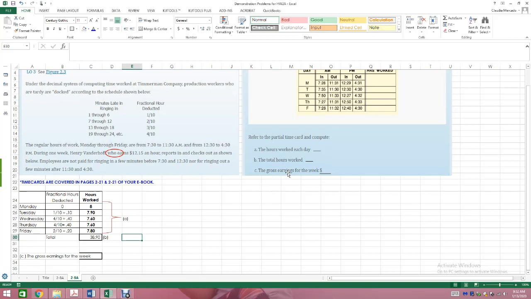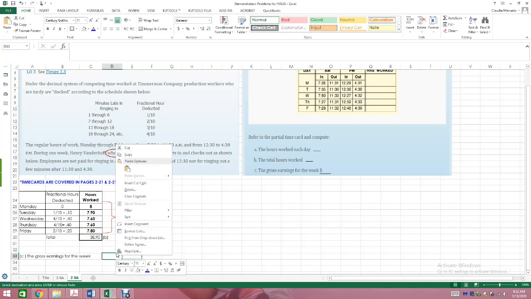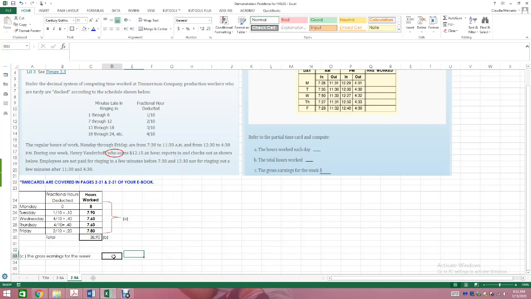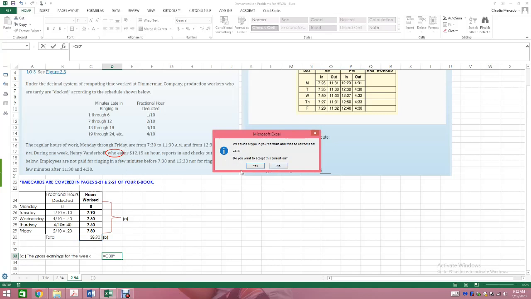Now, letter C says, what is the gross earnings for the week? How much does this employee earn for working 38 hours and 90 cents? Well, we're going to get the 38.90. This is the number of hours worked. And we're going to multiply it by the rate of pay, which is $12.15.